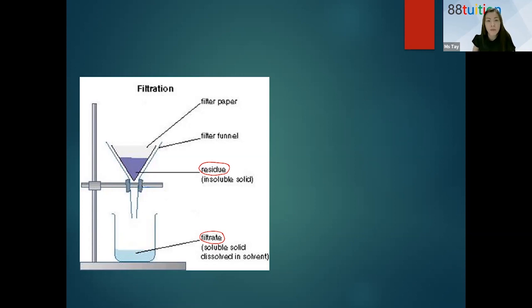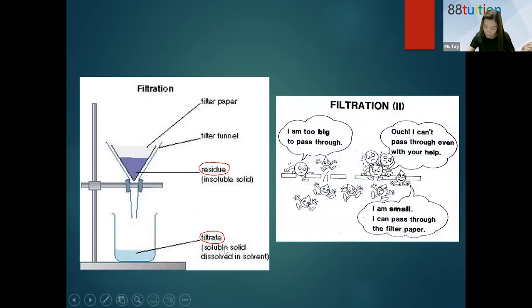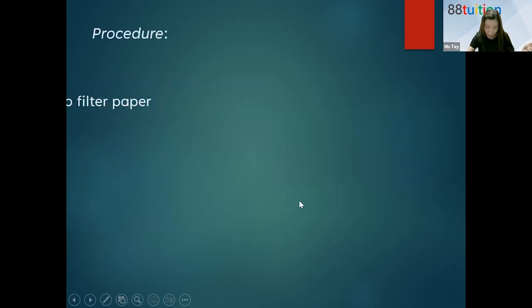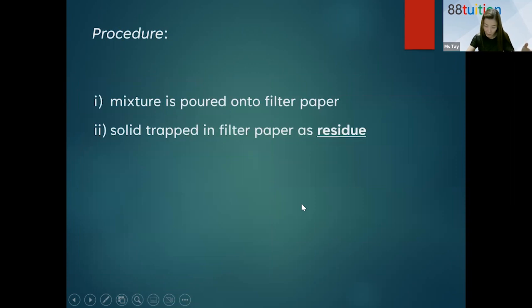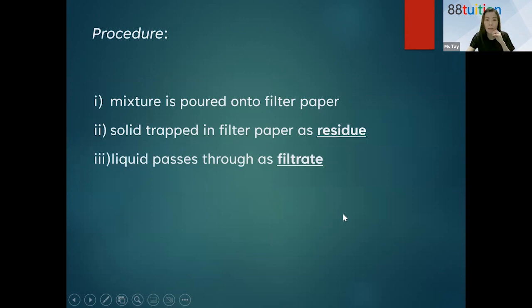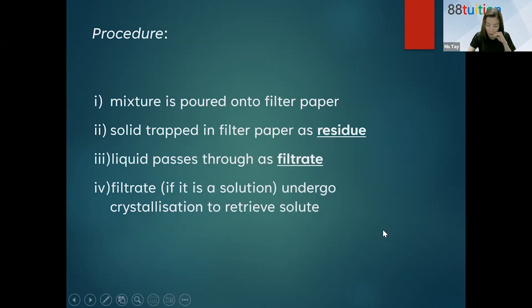Distillation, distillate. Filtration, filtrate. Just a cartoon. So very quickly, let's go on. The mixture is poured onto the filter paper. Solid is trapped as residue. Liquid passes through as filtrate. That's just the very simple filtration that we are carrying out.